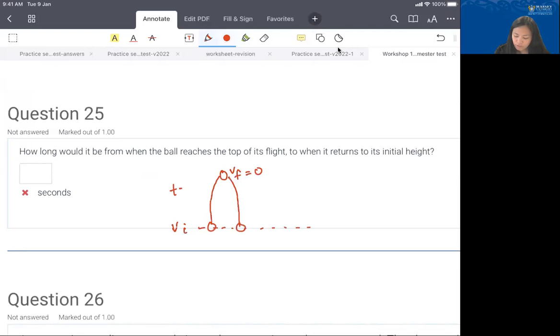It took 3.5 seconds according to what's given in the problem. It took the ball 3.5 seconds to reach the top of its flight, the maximum height, this delta x that we solved earlier. How long do you think it will take the ball to reach this point here? Same height as its original height.